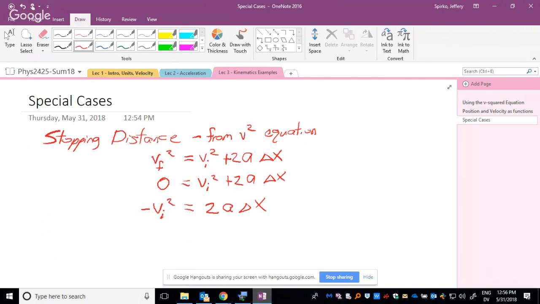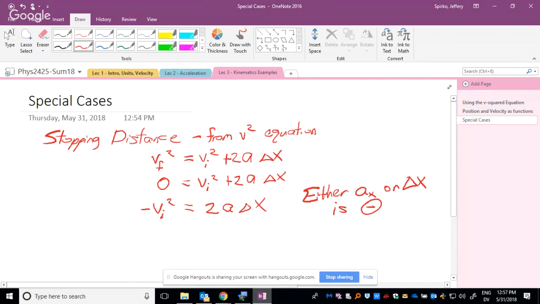And we don't know right away whether it is in the acceleration or in the delta x, but it must be in one or the other. So either a_x or delta x is negative, and the other one is positive.